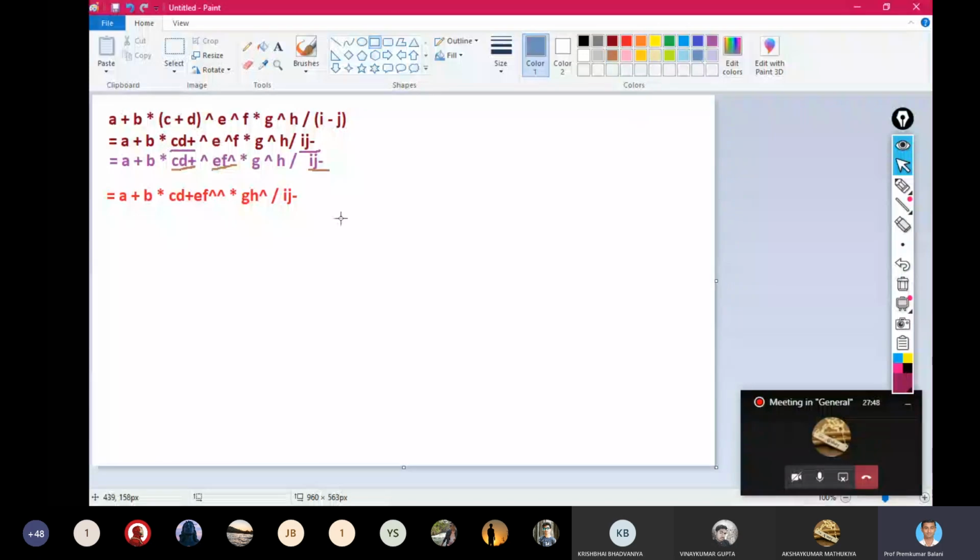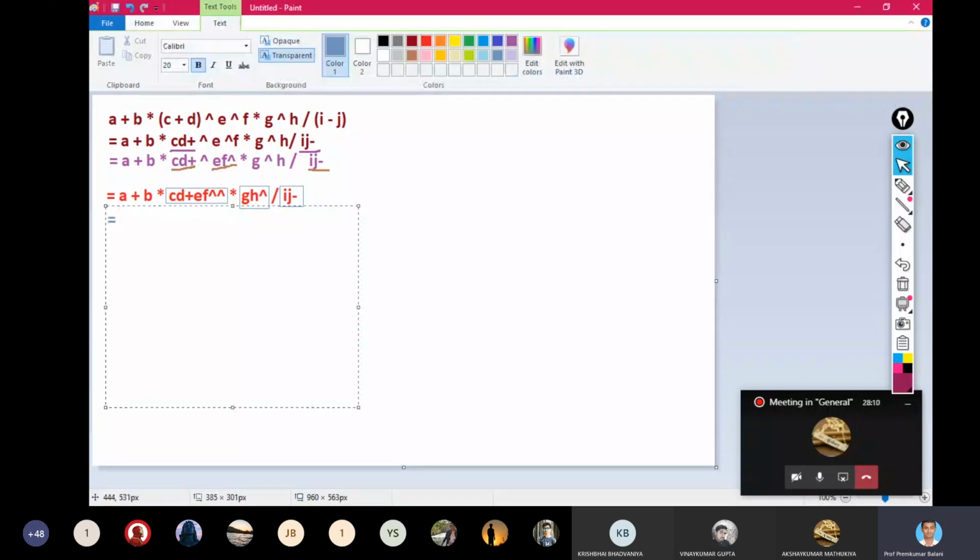So now this is my one operand. This is also one operand, and this is also one operand. Now tell me, what should I do next? Next operation will be multiplication and division in left to right associativity.